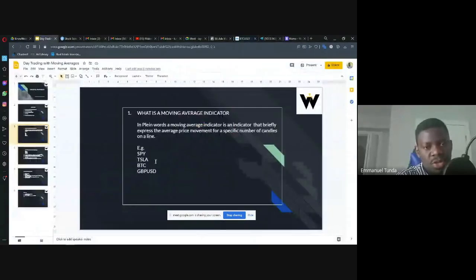But what I use most of the time, I use two moving averages. Why do I use two moving averages? Because there is one moving average which shows you how the price moved recently. So 20 days is very recent, or 20 hours, depending on the time frame, so in the last 20 candlesticks.